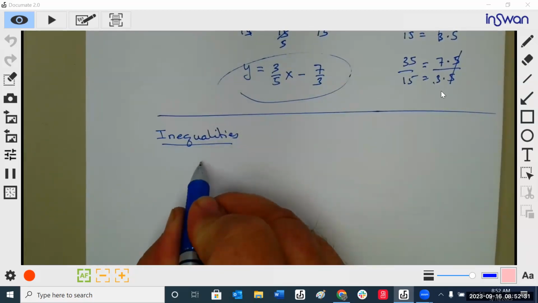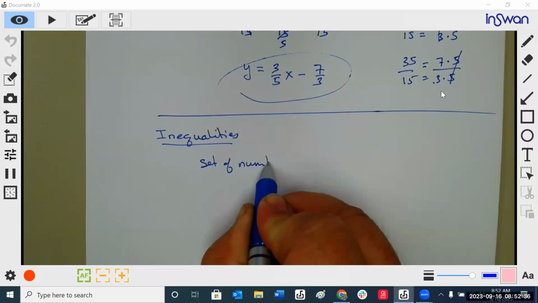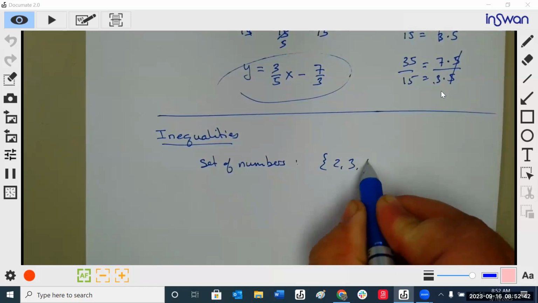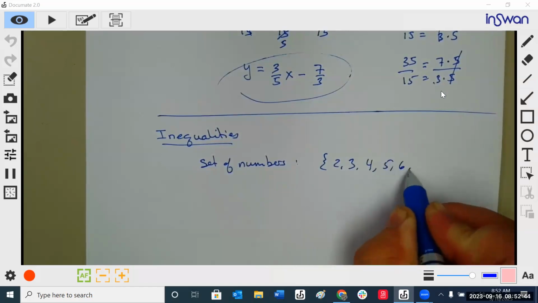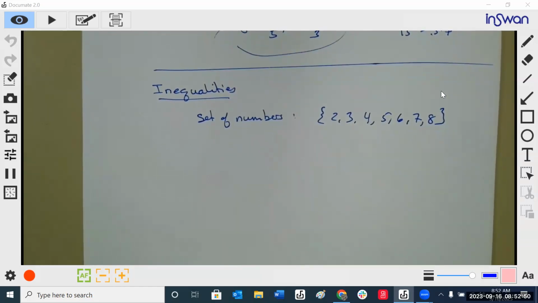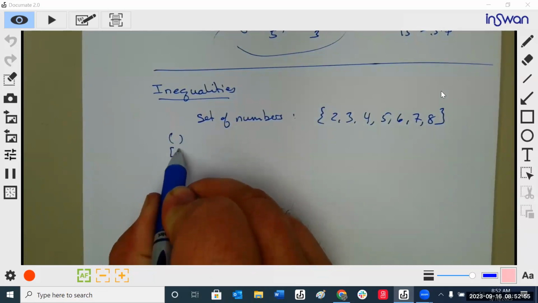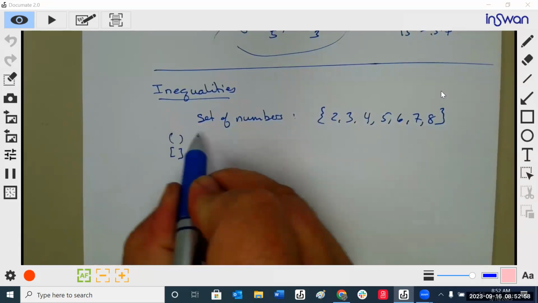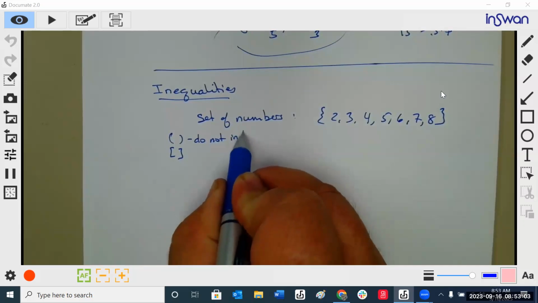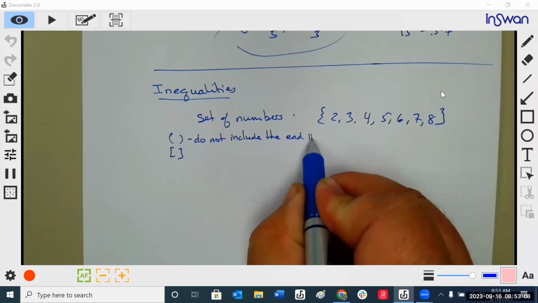When we're looking at a set of numbers, let's say we have 2, 3, 4, 5, 6, 7, and 8. Let's first talk about parentheses and brackets. Parentheses mean do not include the end numbers.